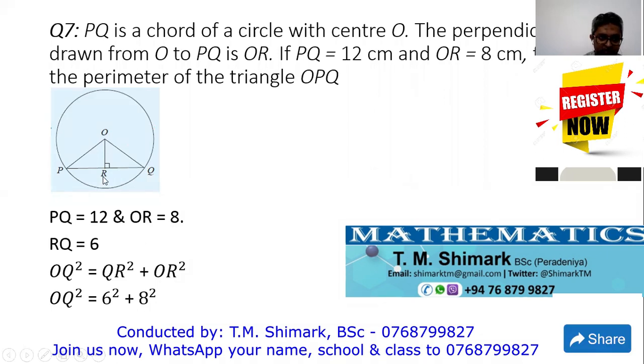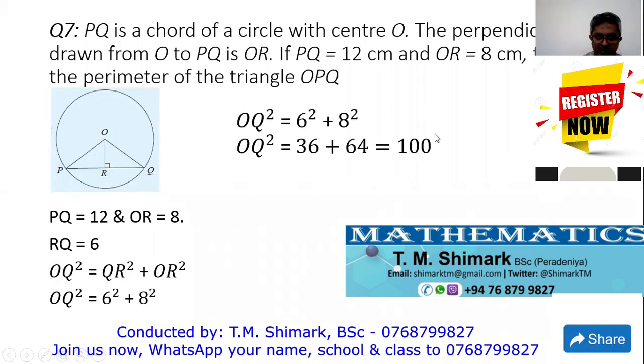We know that this is 6 and this is 8, right? So that's going to be 100. So OQ is going to be 10. OQ is 10, so OP is also 10. 10 plus 10 plus 12 is 32, the correct answer.